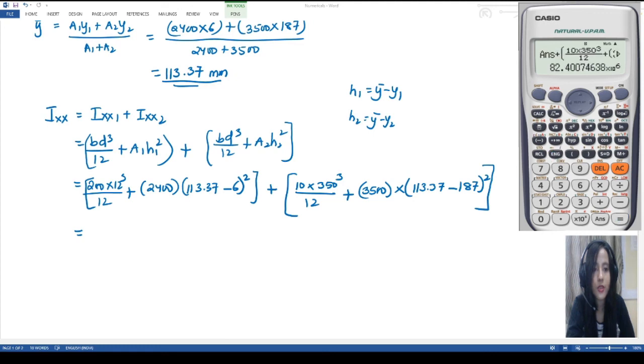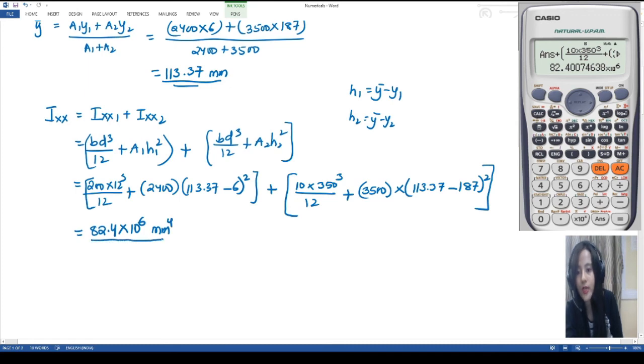This is coming equal to 82.4 into 10 raised to power 6. So my Ixx is equal to 82.4 into 10 raised to power 6 mm raised to power 4. So this is my Ixx.